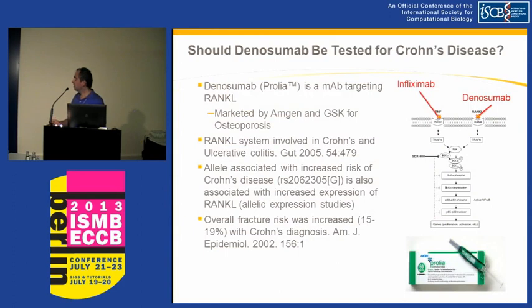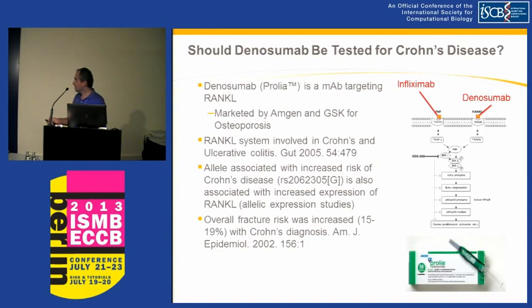And if you start to dig for information, you can find that it makes some sense to use Denosumab for Crohn's disease. In fact, Denosumab is an Amgen and GSK drug. There are some papers, and Denosumab is targeting that gene, RANKL here.